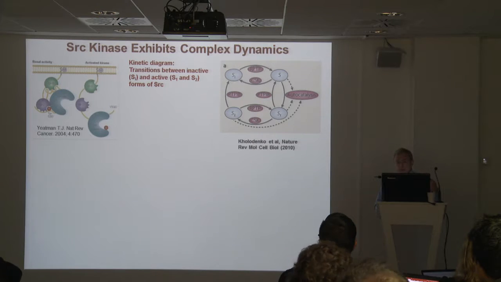Now, there are real examples, and one is SRC kinase, which is a single protein which is phosphorylated and dephosphorylated. This is a kinetic scheme, phosphorylated and dephosphorylated by different phosphatases.